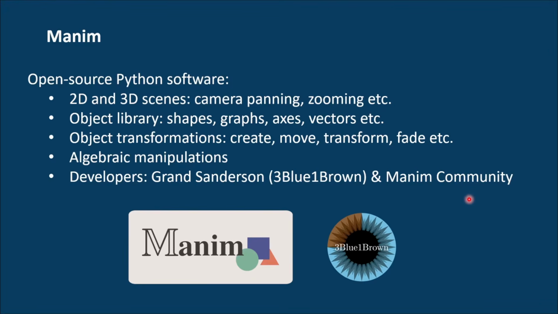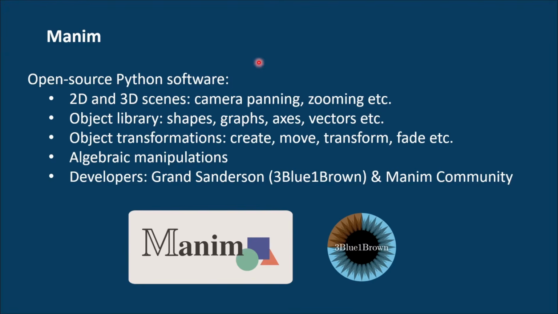But now there's actually also a large community that is consistently developing this software. So there are two versions of this software. One is the community version that I'm using, and one is the version that is published by 3 Blue 1 Brown.